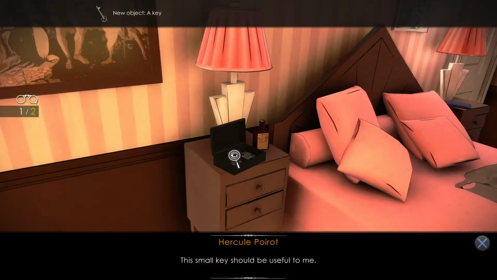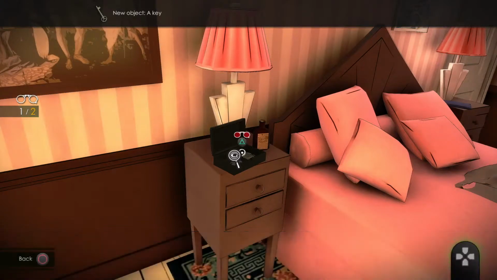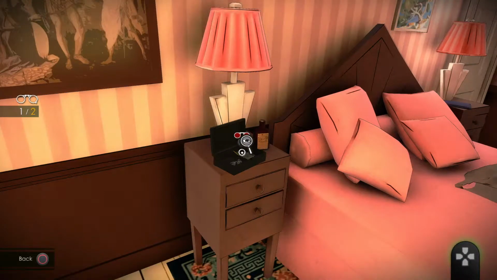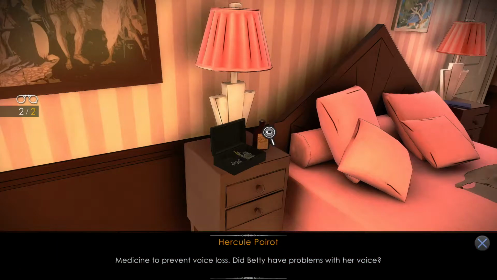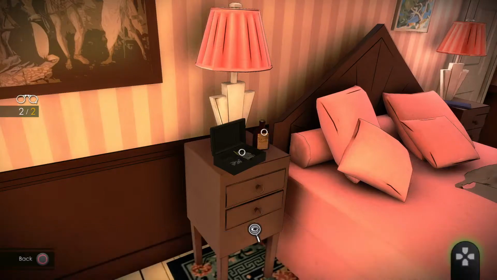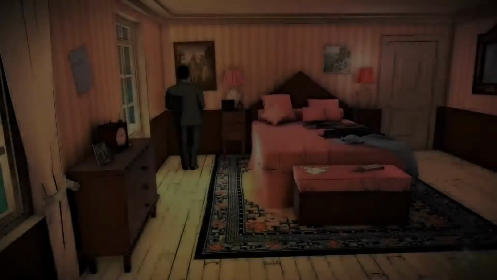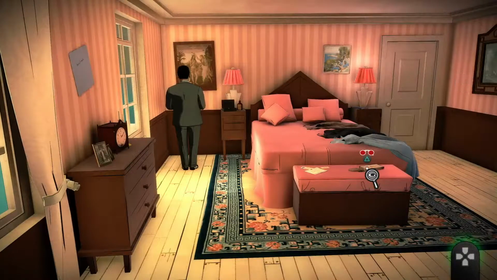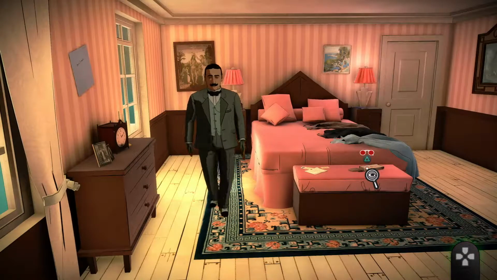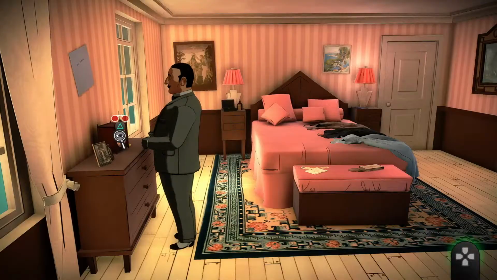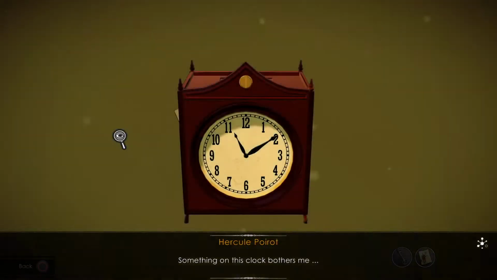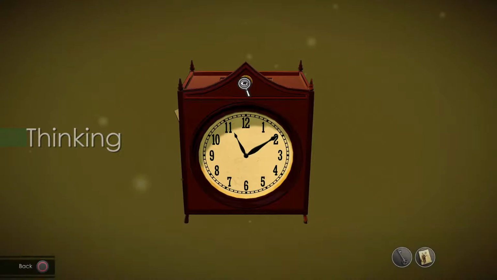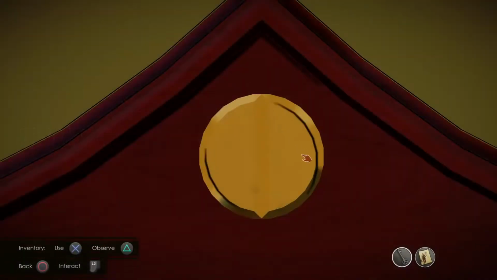This small key should be useful to me. I bet you that goes into the cloth. Medicine to prevent voice loss. Did Betty have problems with her voice? Oh yeah, we know that. Okay, let's try it again. Something on this clock bothers me.